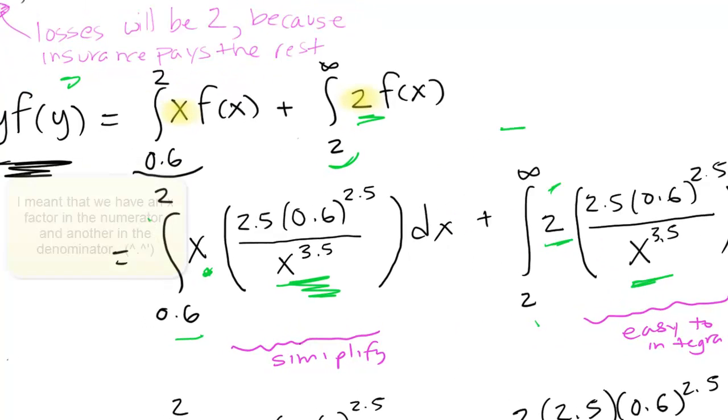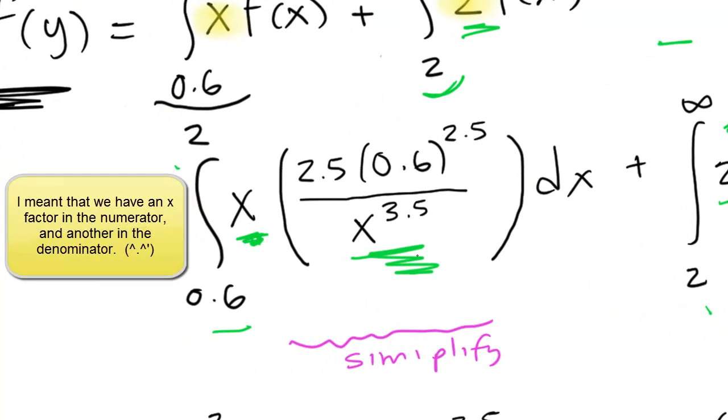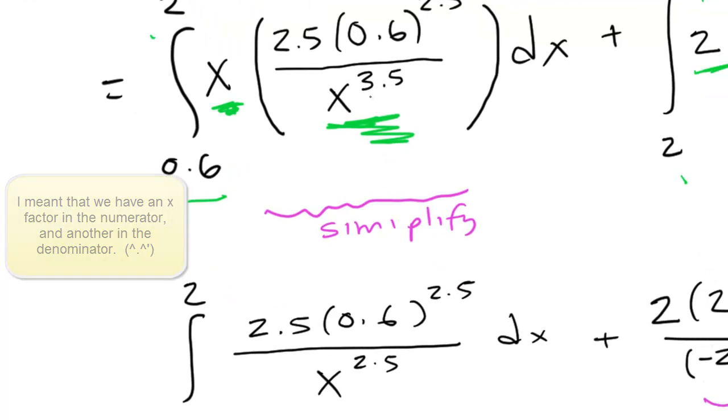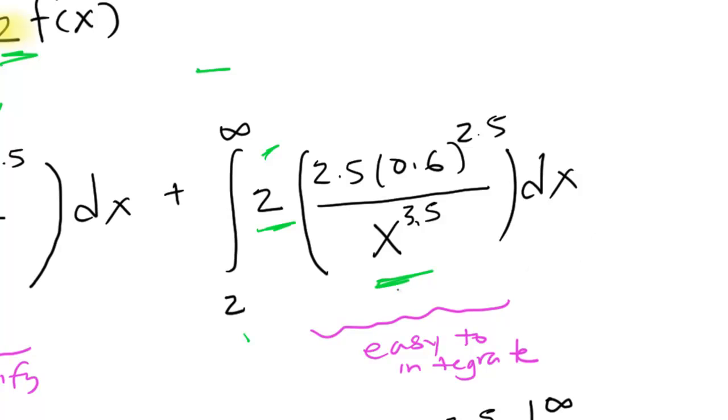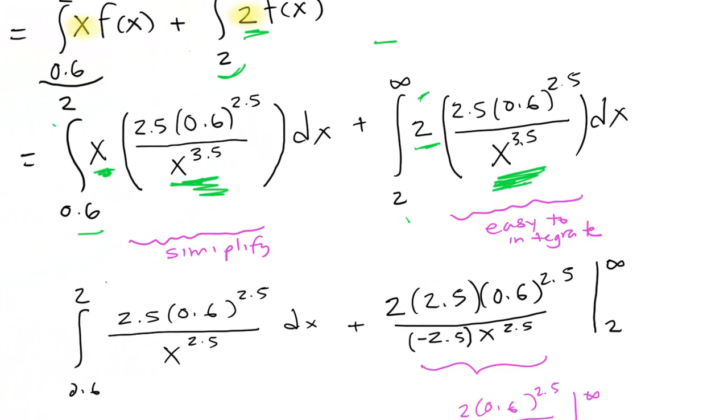We have one x term here, and we have x to the 3.5. And then we can integrate this one easily. So this one becomes just 2.5 times 0.6 to the 2.5 divided by x to the 2.5.